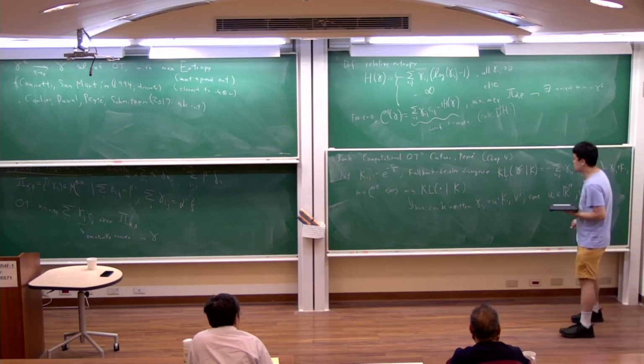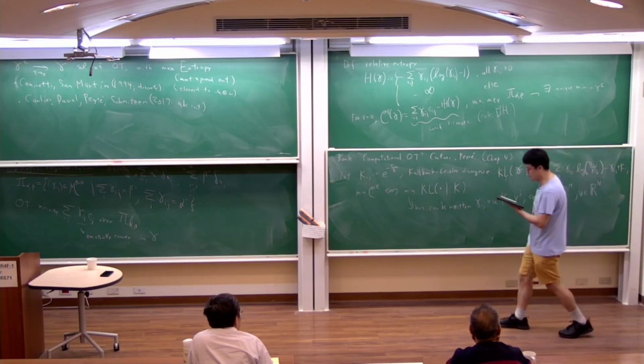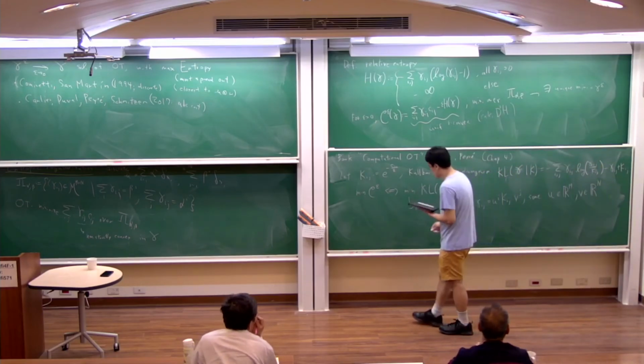How exactly do you see this? Well, you add some Lagrange multipliers.